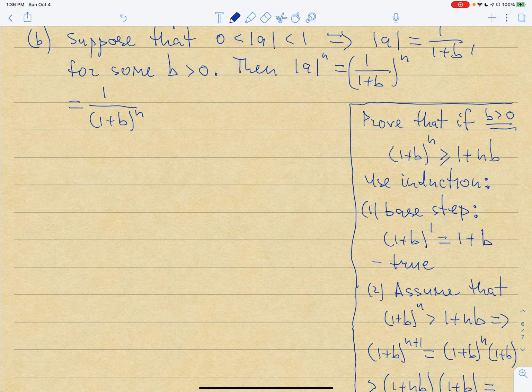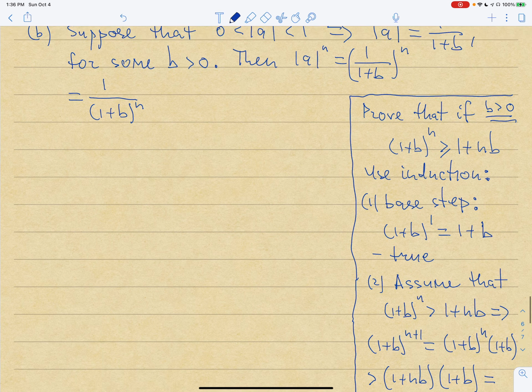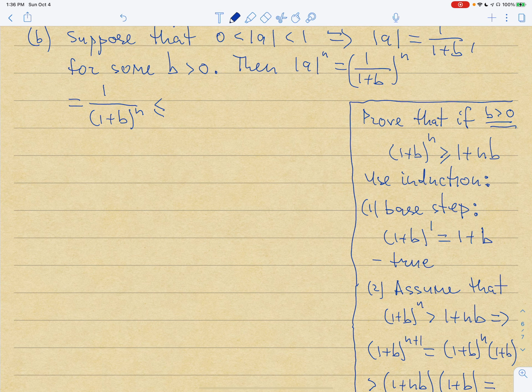All right. So then if that is the case, then 1 over (1 + b)^n should be not greater, but less or equal, right? Because again, I'm taking inverse of two positive numbers. And if the inequality holds for the numbers, then their inverses will satisfy the opposite inequality. So this is less or equal than 1 over 1 + nb.